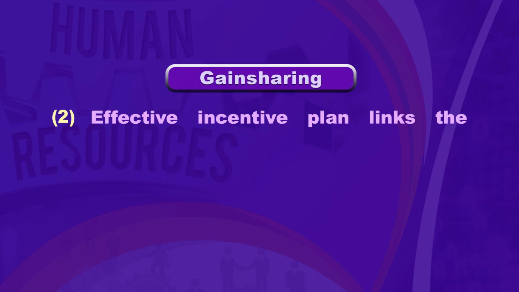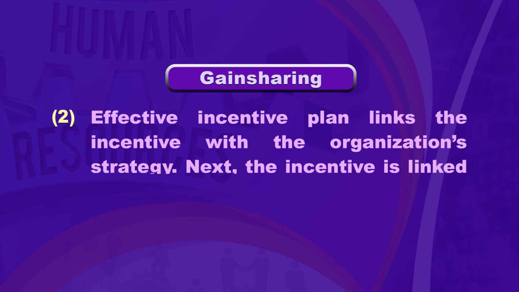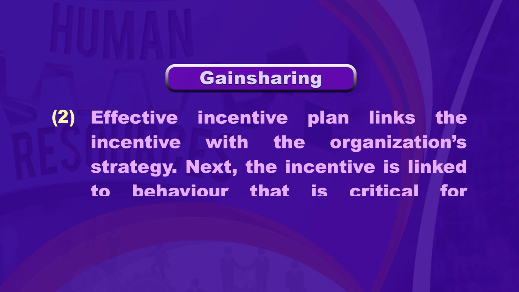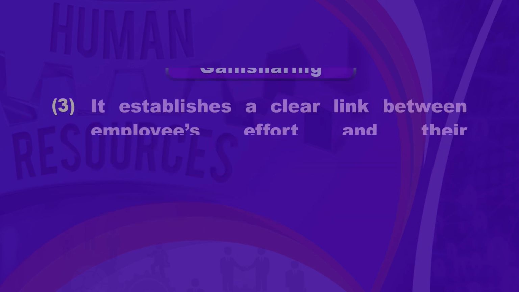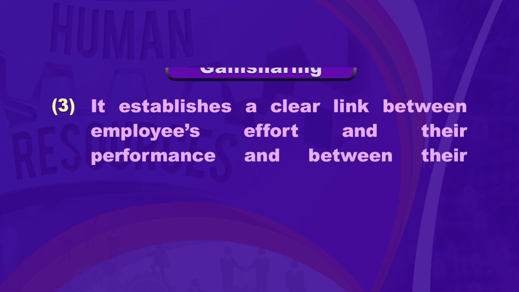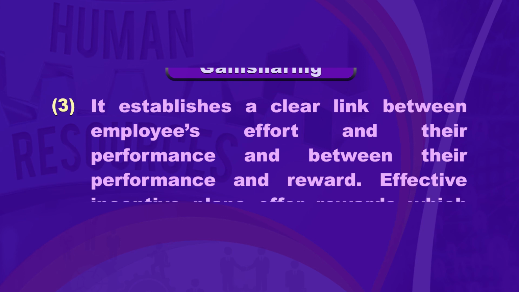Second, an effective incentive plan links the incentive with the organization's strategy. Next, the incentive is linked to behavior that is critical for achieving strategic goals. Third, it establishes a clear link between employees' effort and their performance and between their performance and reward.